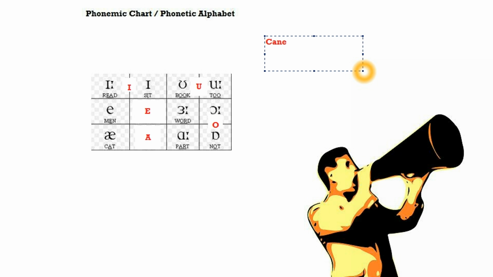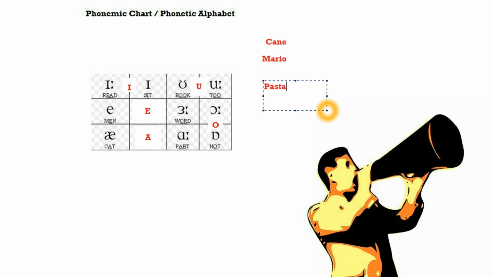So basically when you have the word cane, you read the letter A, and you don't care about the context. So no matter what word the letter A is in, you're always going to pronounce it the same.